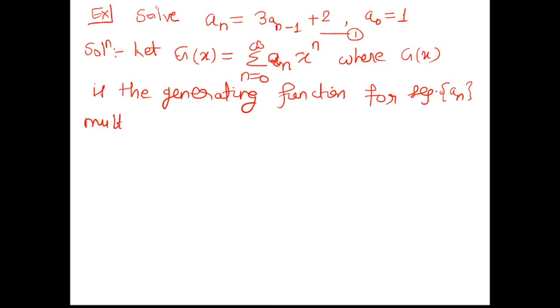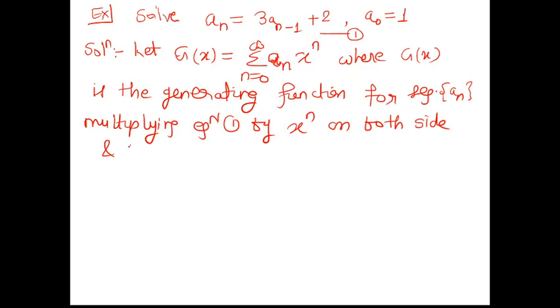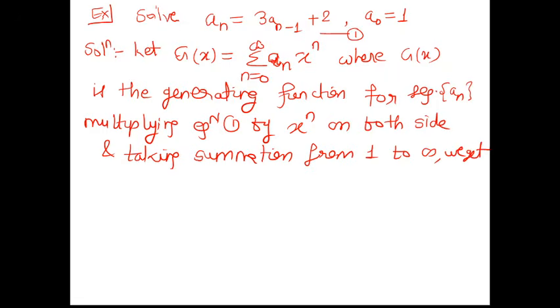Multiplying equation 1 by x to the power n on both sides, and taking the summation from 1 to infinity, we get summation a_n x to the power n, with summation from 1 to infinity, is equal to 3.